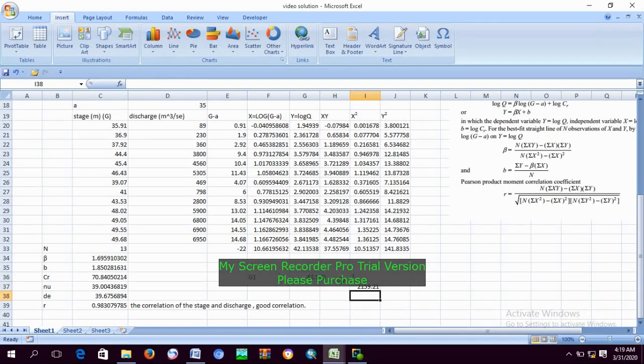Enter. This value is the value of Q at a gauge height of 42.5.